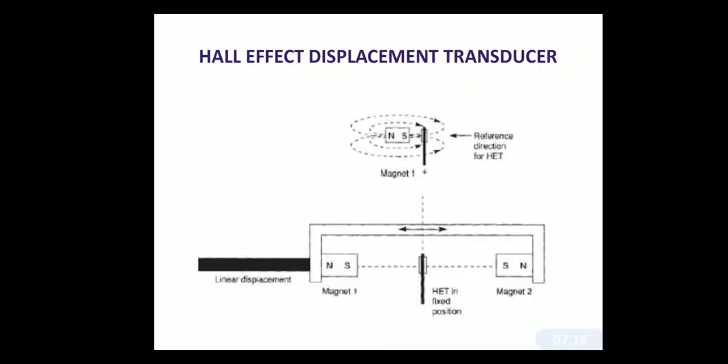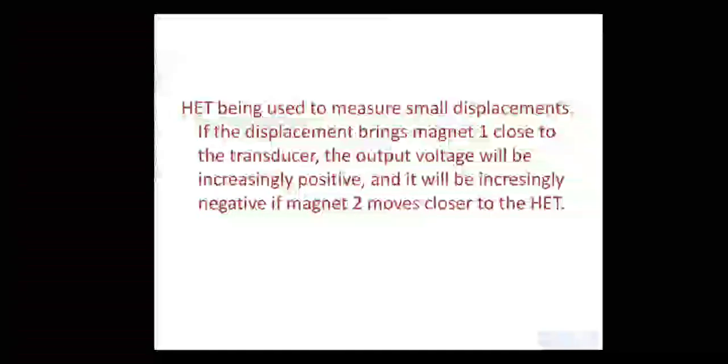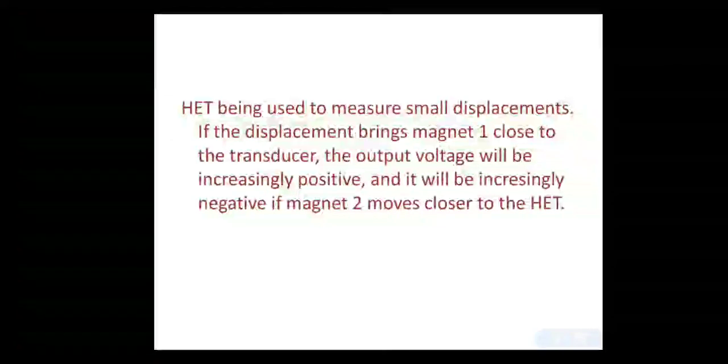So this can be used as a transducer for measuring displacement, and the Hall voltage will be proportional to the displacement. The HET is used to measure small displacements. If the displacement brings magnet 1 close to the transducer, the output will be increasingly positive, and it will be increasingly negative if magnet 2 moves closer to the HET. So this is how a Hall effect transducer is used as a displacement transducer.